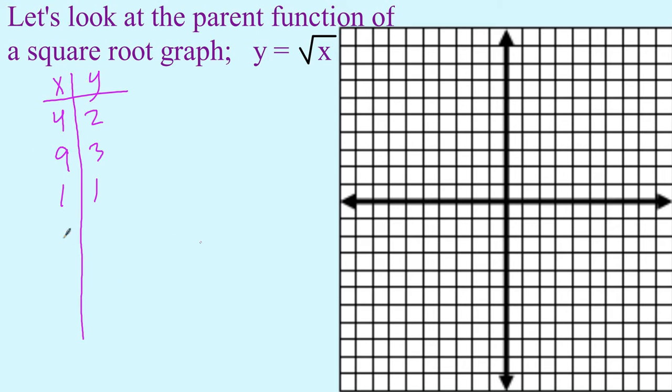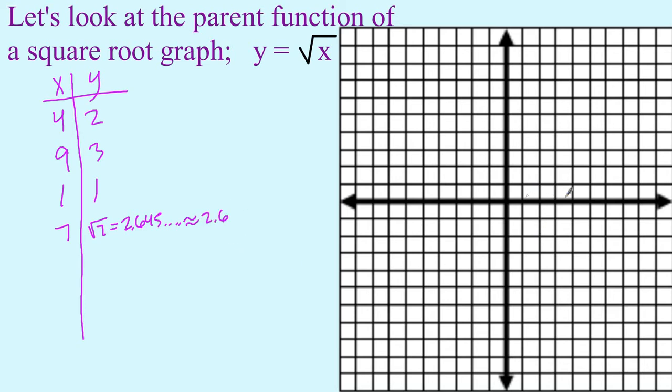So for instance, if you plugged in 7, the square root of 7 is 2.645, and so on. Well, I can't graph that accurately on here. I don't think you're going to be able to tell the difference. So I'm going to estimate that close enough to 2.6.